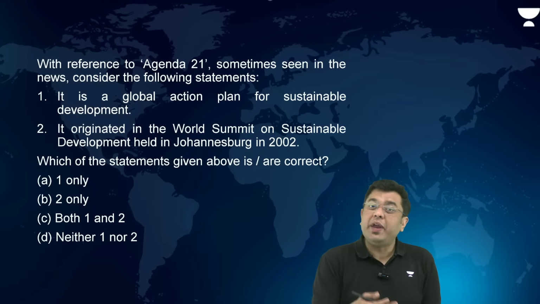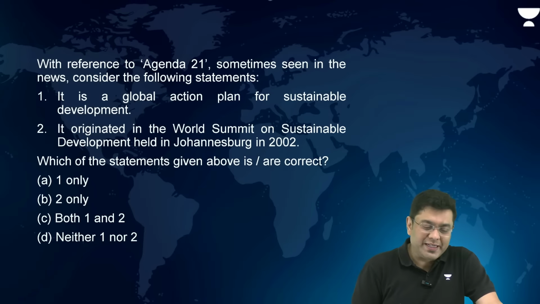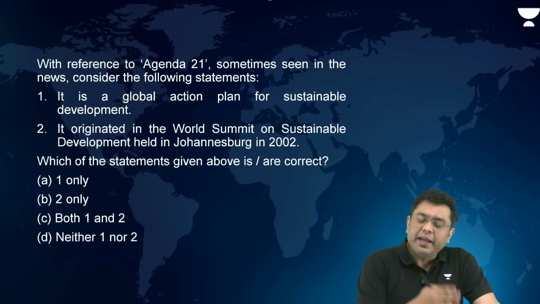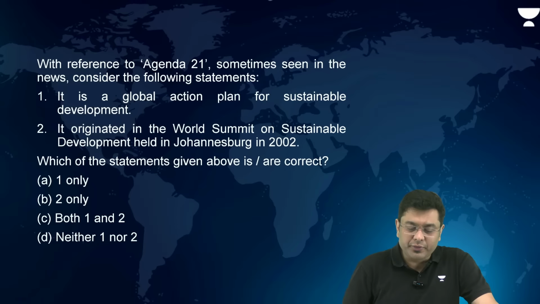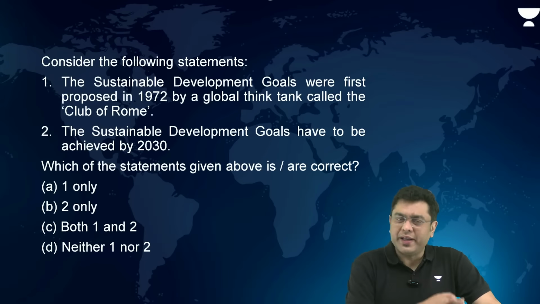With reference to Agenda 21, sometimes seen in the news, consider the following statements. It is a global action plan for sustainable development. It originated in the World Summit on Sustainable Development held in Johannesburg in 2002. When did Agenda 21 come into existence and what is it about? So again, a simple kind of question. Third question.